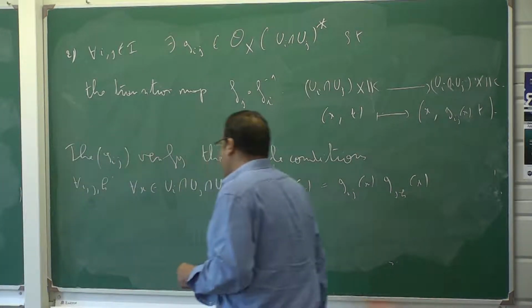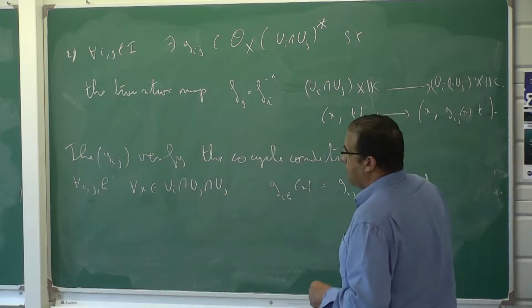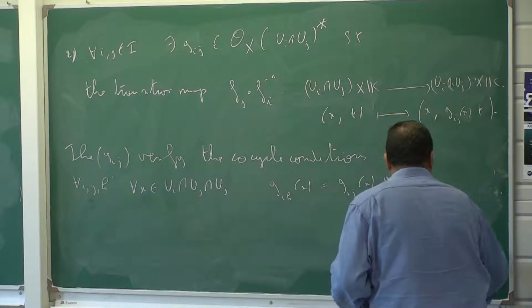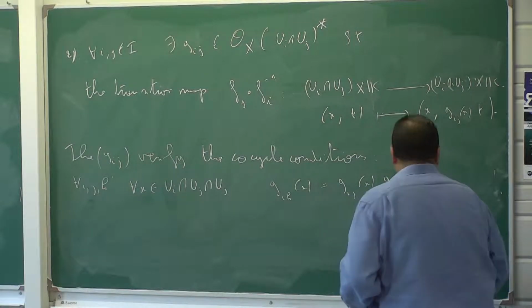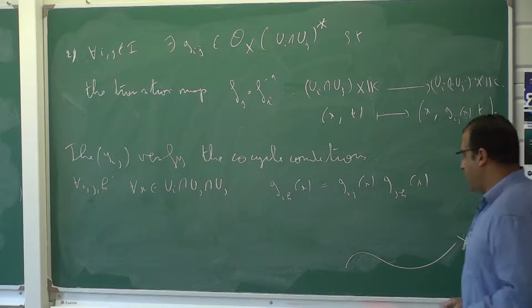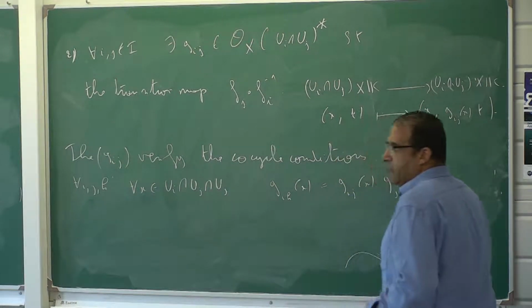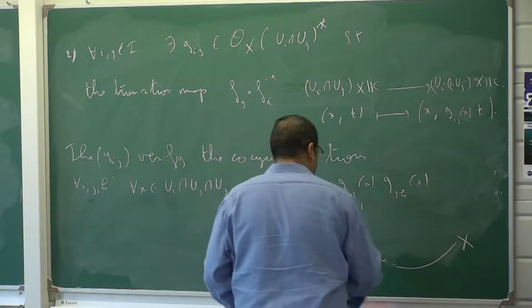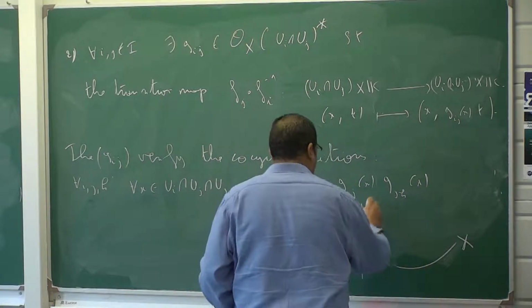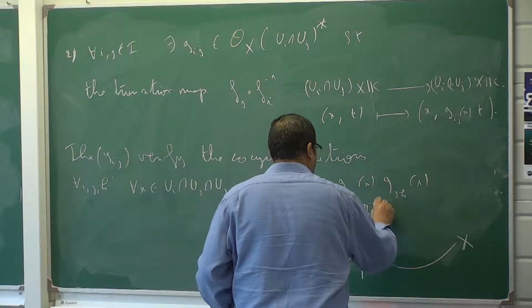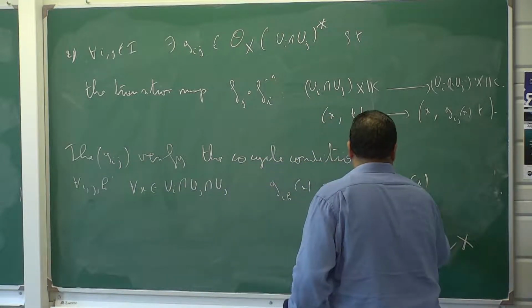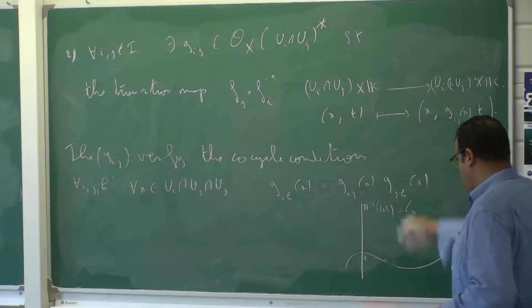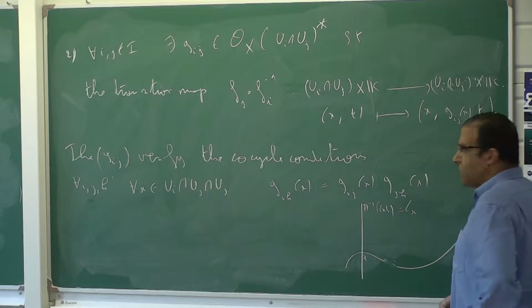So to have an idea, you have here your base space X, and what is a line bundle? This is a family of vector spaces parameterized by the points of X. Here you have P^{-1}(x), the fiber over x, and L_x is a vector space of dimension 1.